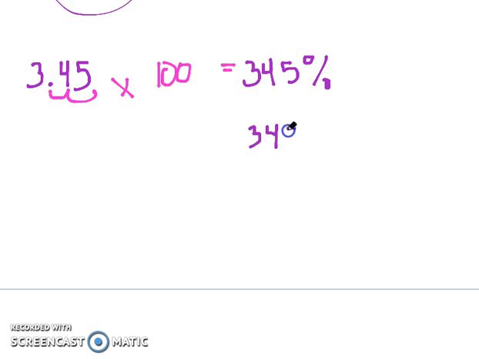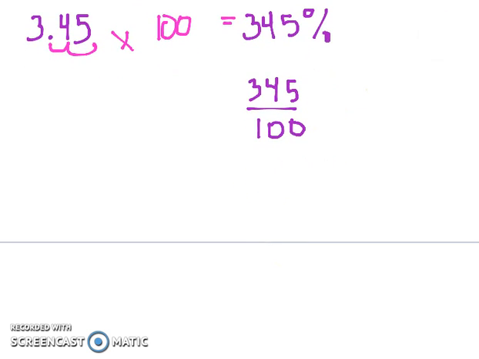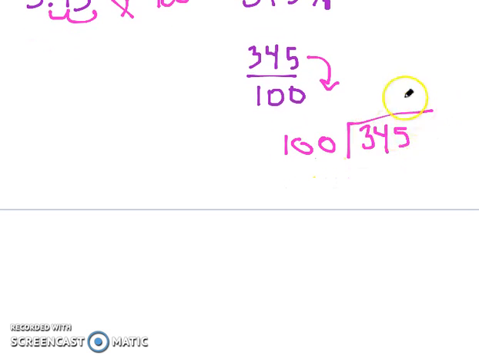345, it's out of 100. Let's simplify this. We can use long division. Remember, this says 345 divided by 100. I want to write this as a proper fraction. 100 goes into 345 3 times. 3 times 100 is 300, giving me a difference of 45.